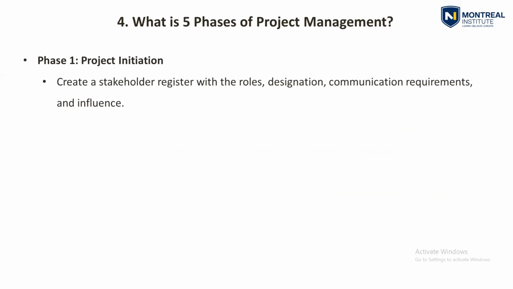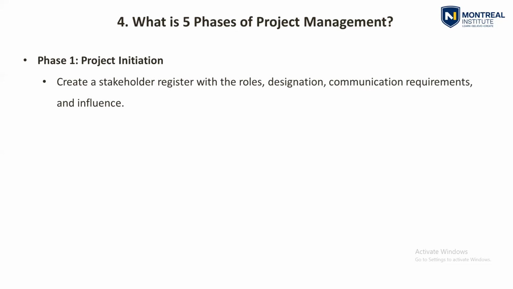Continuing the project initiation phase, you need to create a stakeholder register with the roles, designation, communication requirements, and influence. This is very important because you need to identify exactly who will be your stakeholder, and you need to register that in a log with roles, designation, communication requirements, and influence.